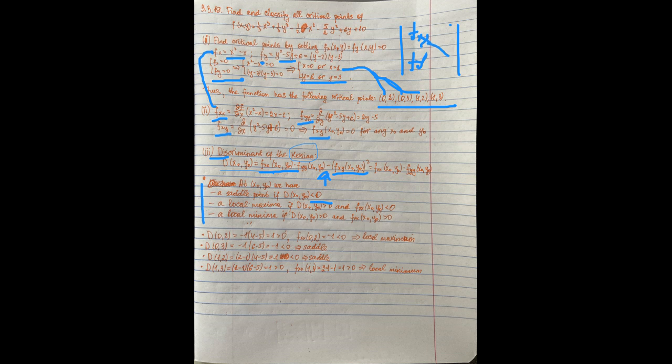If it's more than 0, then there are two options. We can have a local maximum or a local minimum. How do we find out if it's a local minimum or maximum? We just look at fxx. So if the second partial derivative with respect to x is less than 0, then it's a maximum. If it's more than 0, then it's a minimum.